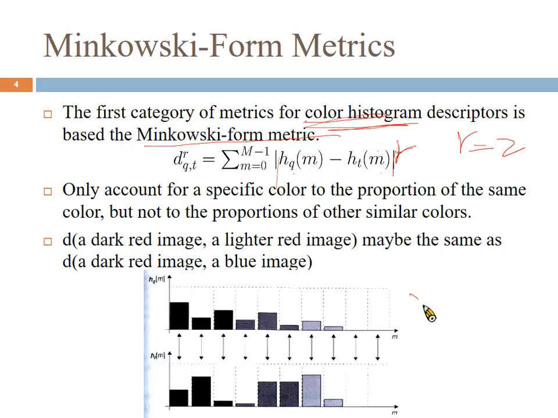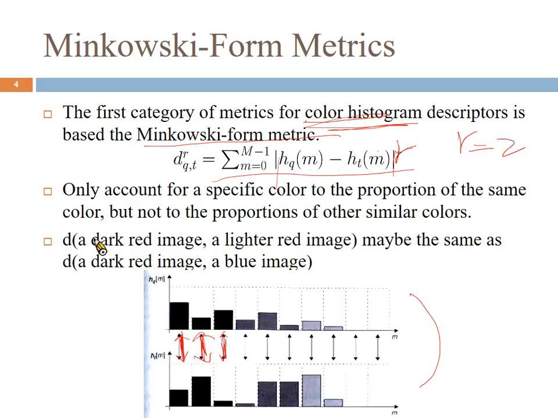So here is an illustration showing this problem. These are two color histograms, and according to the definition, we only calculate the difference between the bins belonging to the same color range. So we only calculate the distance between these two bins, these two bins, and these two bins, and sum them together.